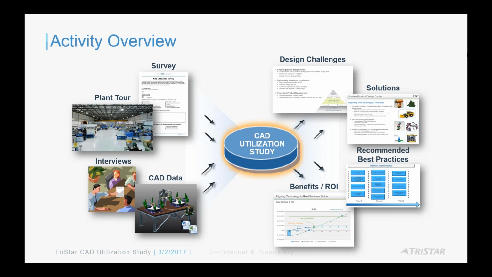We'll interview several participants and collect the CAD data as well as your CAD infrastructure information, any standards and best practices documentation, and so on. With all the data that we've collected, then we start to really perform the study.